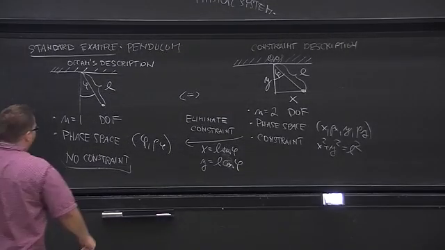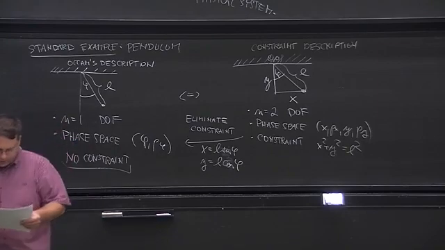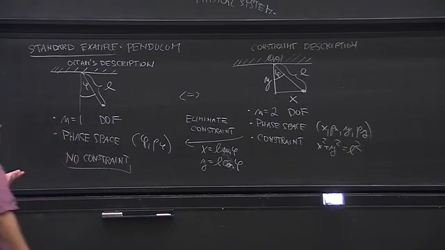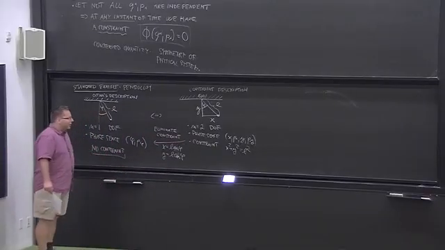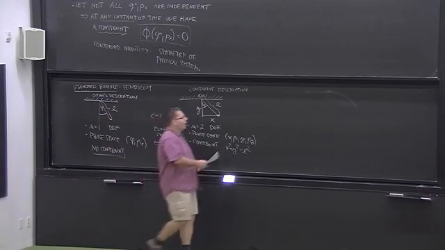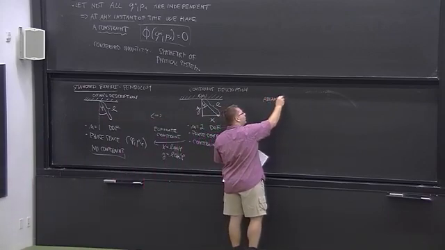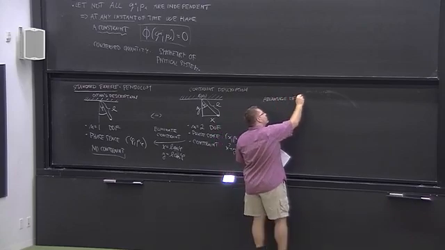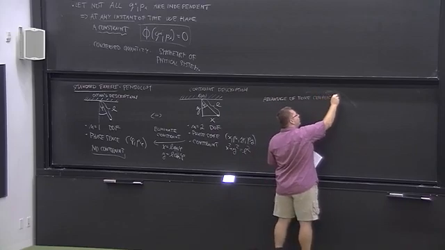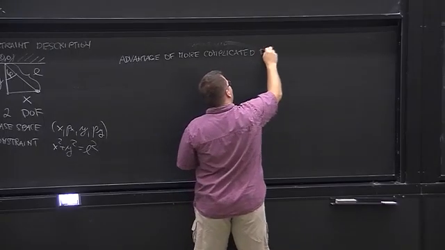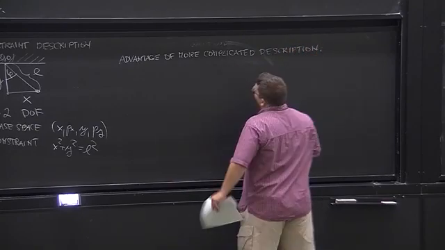All right, so I can go back to this description here if I use this coordinate transformation. However, it's not always useful to do this. The advantage of the more complicated description is basically two.